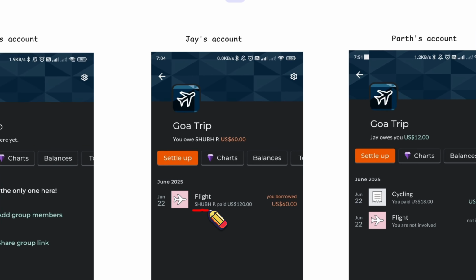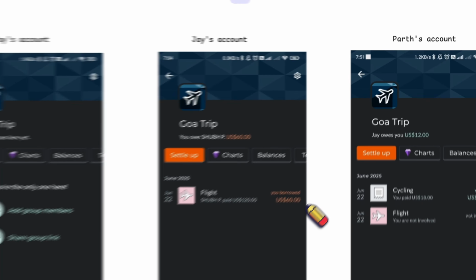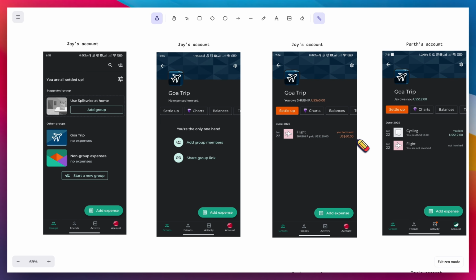I was the one who paid $120 for the flight, and we split that bill equally. So it means that $60 would be my charge and $60 would be the charge of Jai. So basically in Jai's account, it is showing that you have borrowed $60. So till now, everything is understandable.